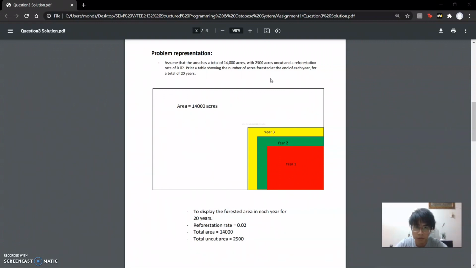So starting off with the 2,500 acres, this is on the first year, and after applied the 0.02 reforestation rate, this is on year 2, and the numbers keep on going until the year is at 20. So the question asks us to display how many areas is it for each of this year.